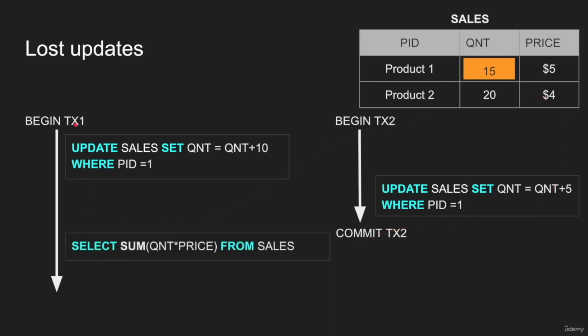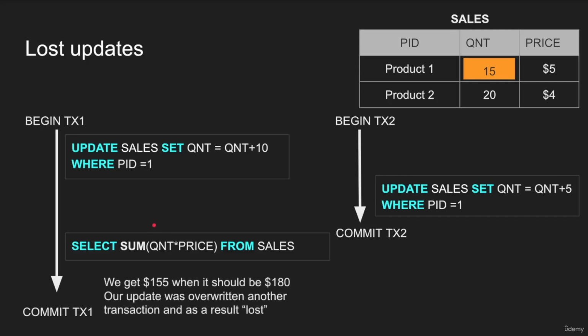Transaction 1 assumes that it made the sales. It will do the sum, and it's going to give you a completely different result that is absolutely wrong, because it should have been 180, but we got actually less. Why? Because our update was overwritten by another transaction, and as a result, it was lost. One of the nastiest things.